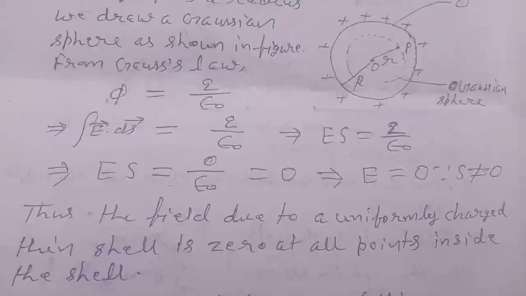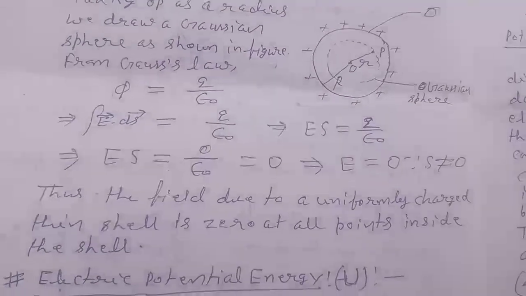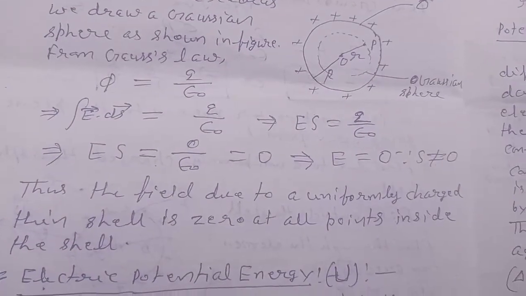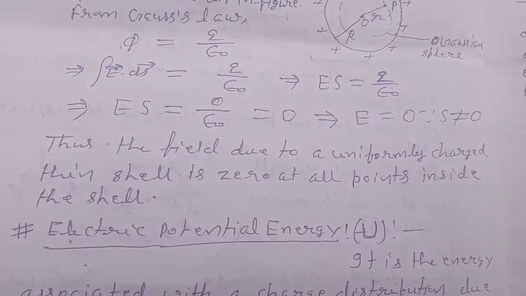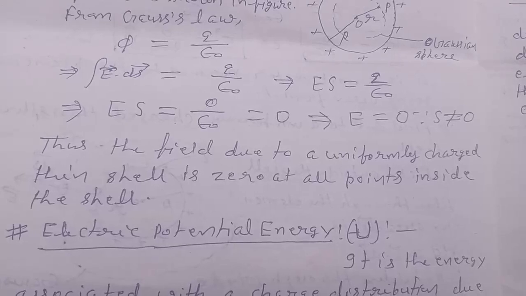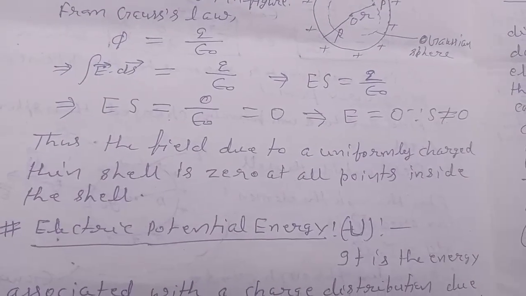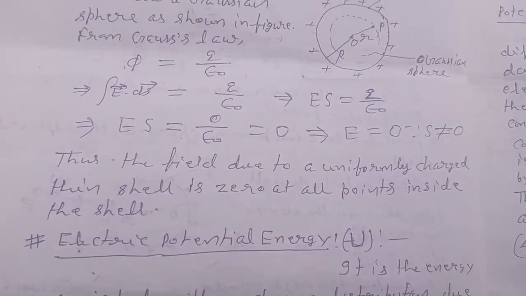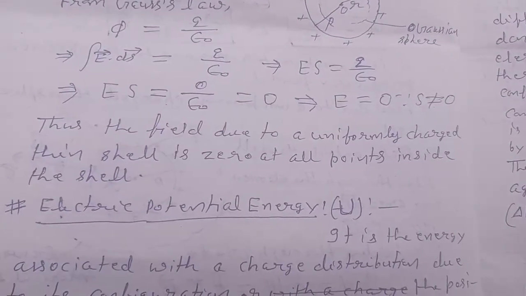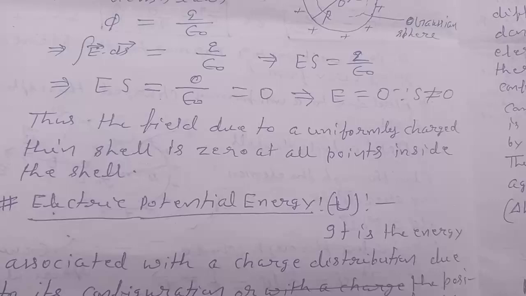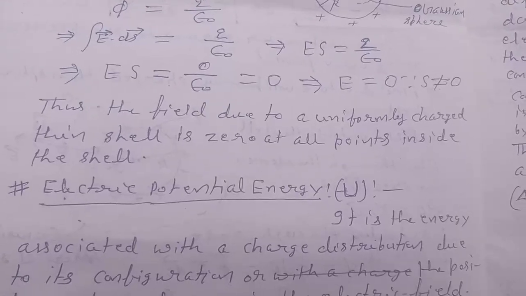This implies integration E vector dot ds vector equals Q by epsilon naught. This implies ES equals Q by epsilon naught, which is 0 by epsilon naught equals 0. This implies E equals 0 since S is not equal to 0. Thus the field due to a uniform charged thin shell is 0 at all points inside the shell.